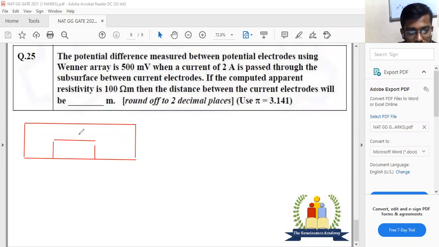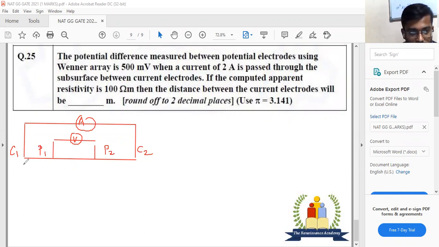Let's say here you have the voltmeter and here you have the ammeter. Now these are your C1 and C2 current electrodes, then P1 and P2 potential electrodes.